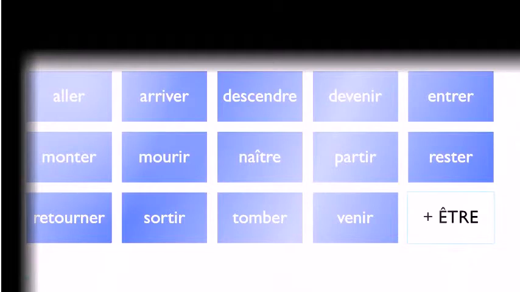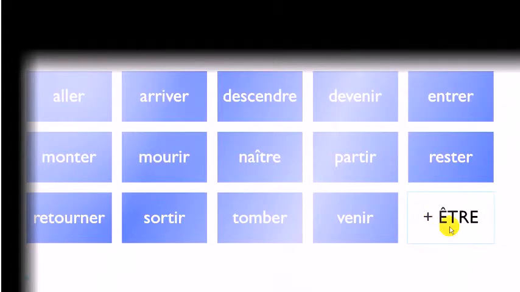Okay, so remember one more time: aller, arriver, descendre, devenir, entrer, monter, mourir, naître, partir, rester, retourner, sortir, tomber, venir. Okay, so remember, you will have to use être with these verbs.